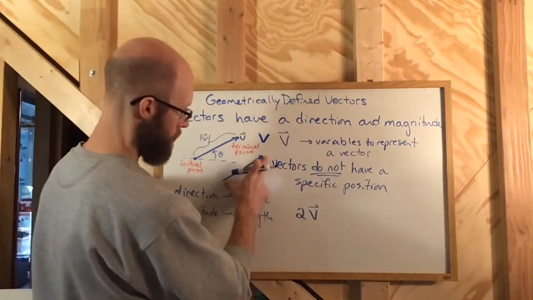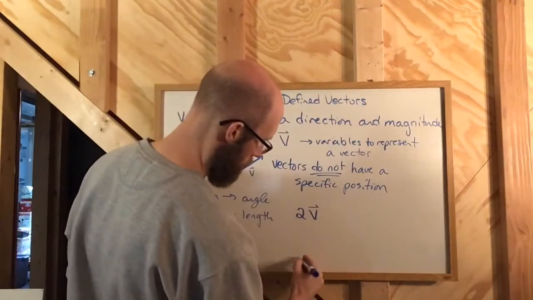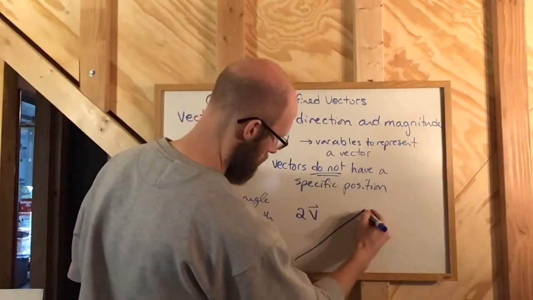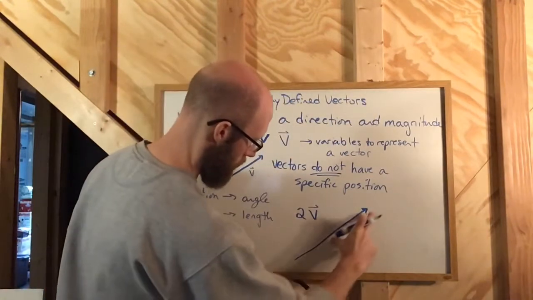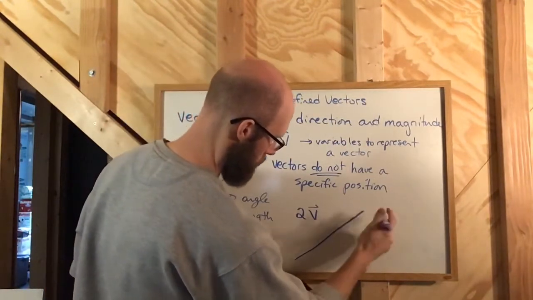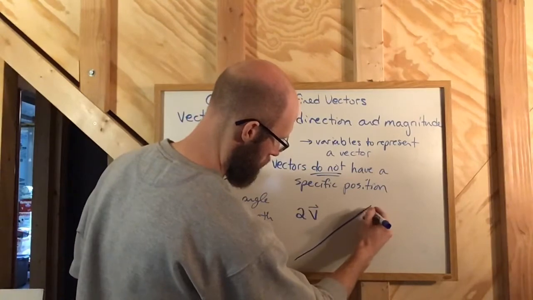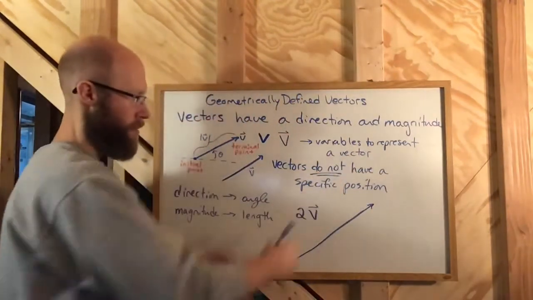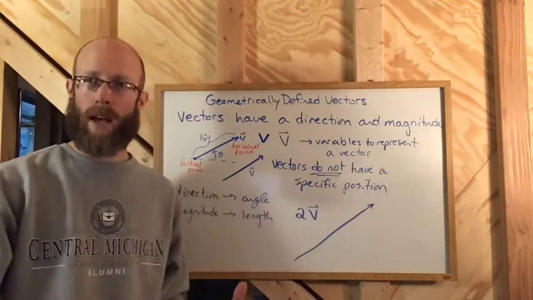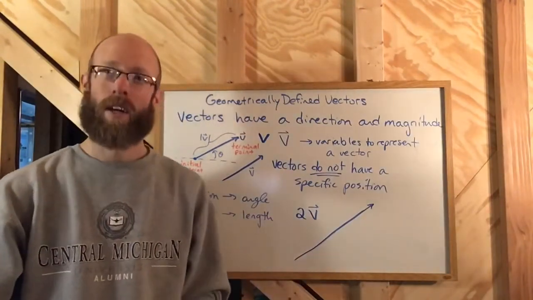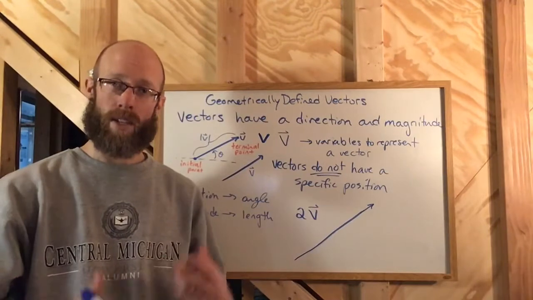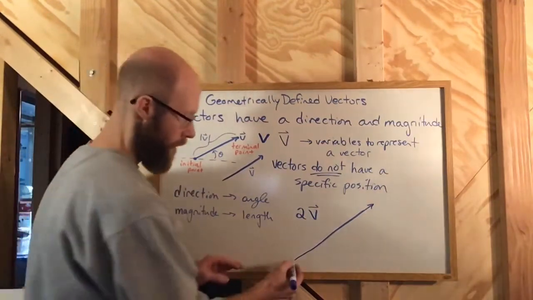So instead of just v by itself, I might use 2v. Let's see if I can get that roughly accurate. Let's bring that out just a smidge further. Okay, so let's say that one is 2v. It's roughly the same angle. Well, it needs to be exactly the same angle, but it's roughly based on my picture. It's exactly the same angle and exactly twice as long, and that would be vector 2v.